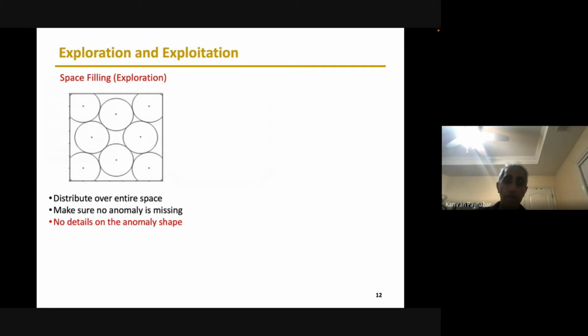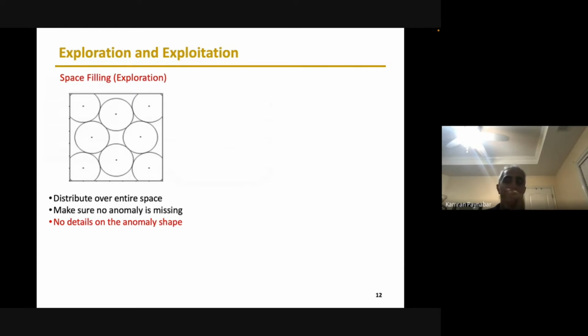Exploration, as I said, distributes the points over the entire space and makes sure no anomaly is missing. But if we only focus on exploration, we cannot get the shape of the anomaly.